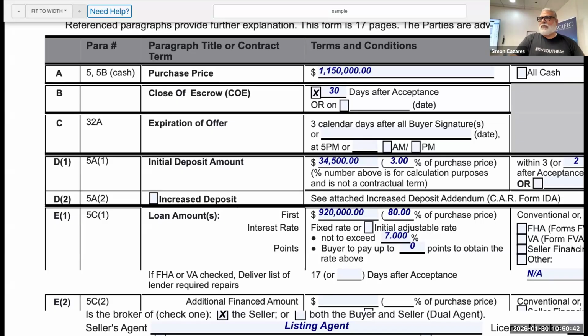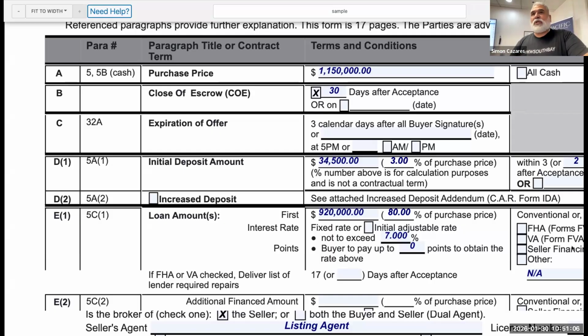No. The seller? No. Yes, the lender. The lender is the one that is going to give us the green light or not when it comes to how fast they can get the loan, because in a traditional loan, we're at the mercy of the lender. And if the lender's on top of it, we can close in less than 30 days.